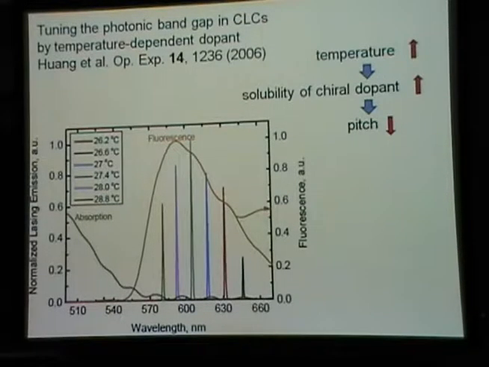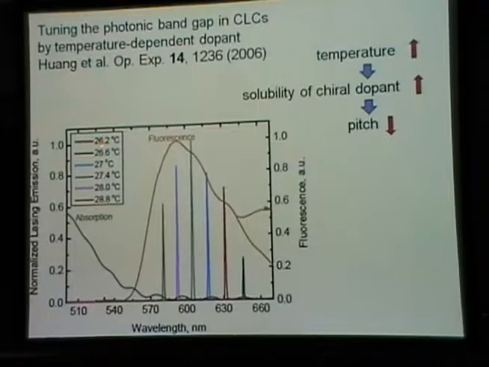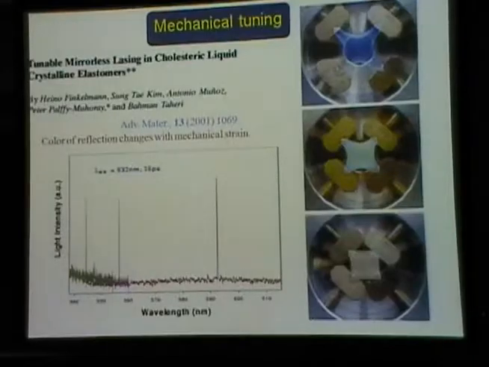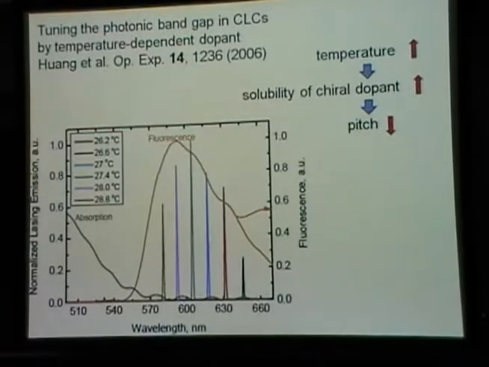This is the result. By increasing temperature, the pitch becomes shorter, so the lasing wavelength can be tuned in this wavelength range. If you use a two-dye system, you can extend the tunable range more. So this is an interesting method too.